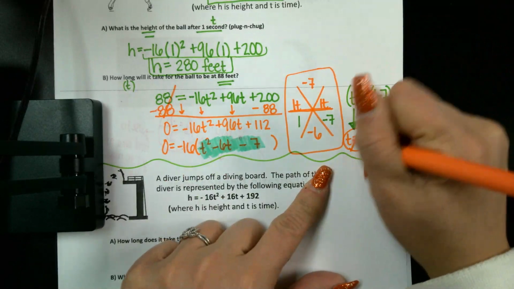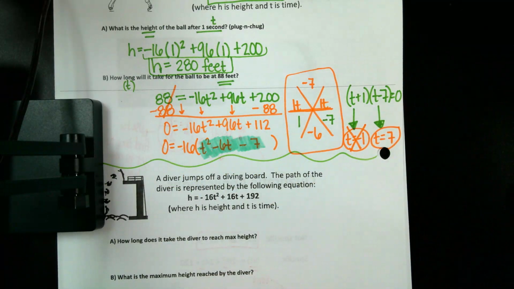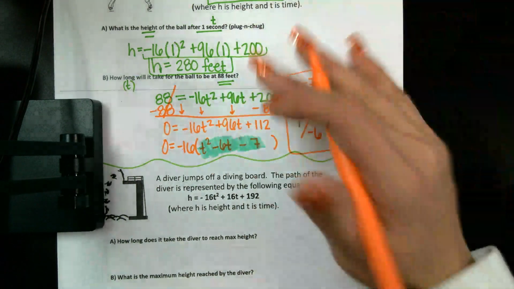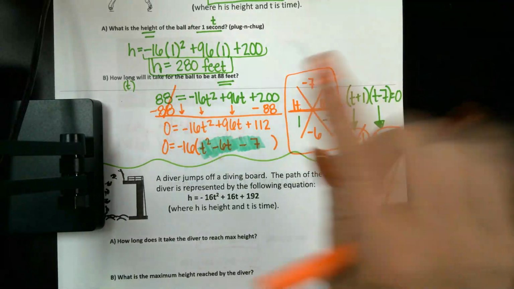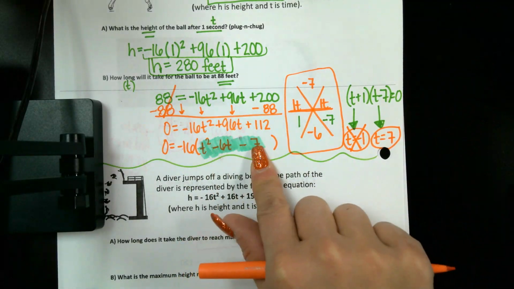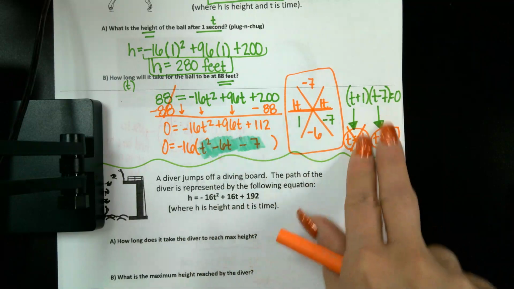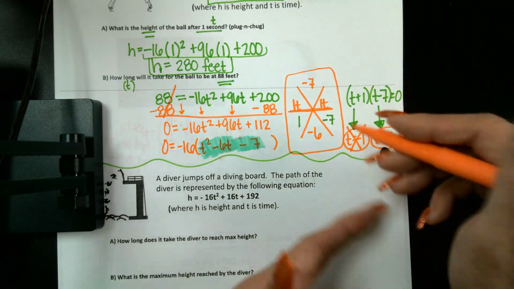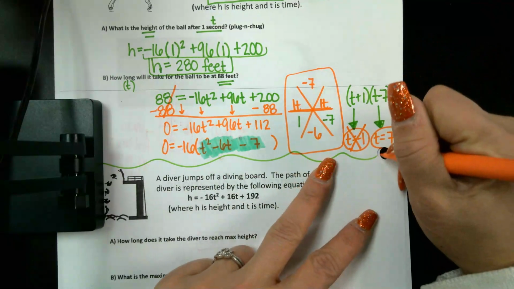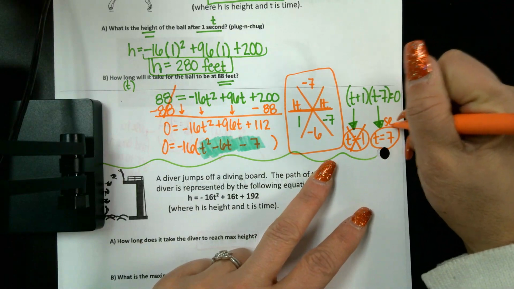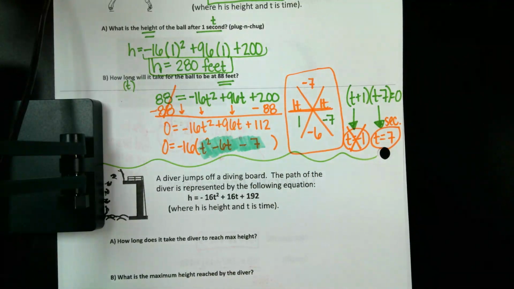So all I do is cross that one out. Negative 1 does not make sense for this specific problem. If I had just given you this random quadratic on your do now, you would have left both of those. But a time that's negative doesn't make sense. So our only answer here that makes sense is 7 seconds. So it would take 7 seconds to reach a height of 88 feet.